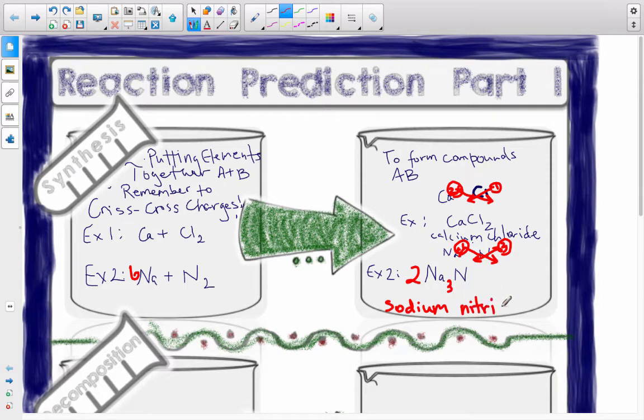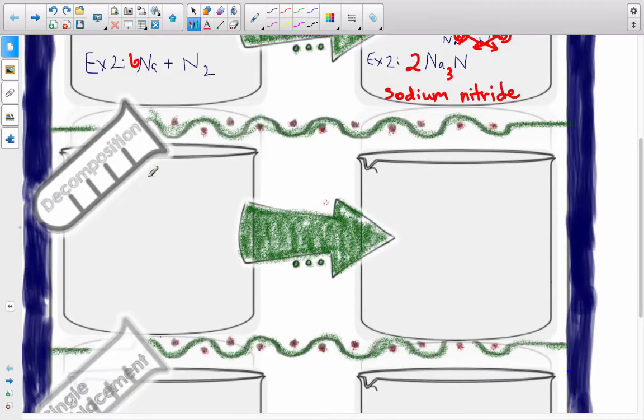Now let's take a look at decomposition reactions. In a decomposition reaction, we're breaking compounds apart into their components.